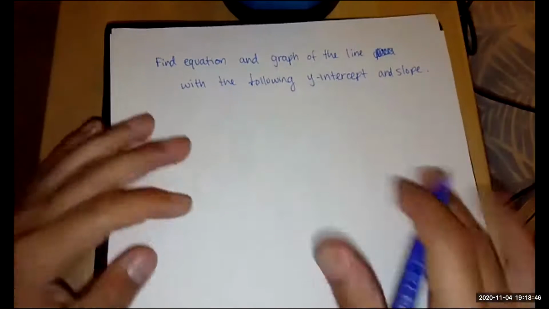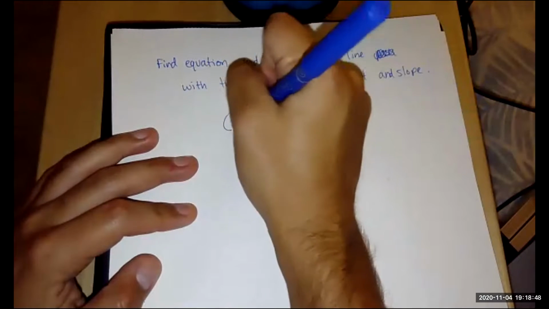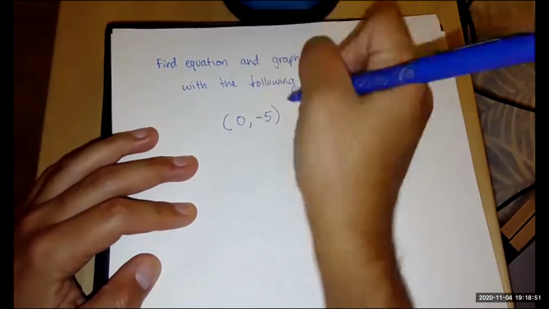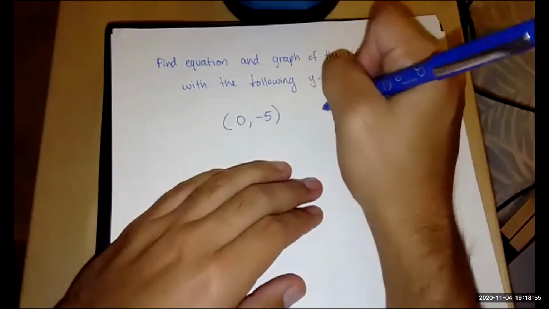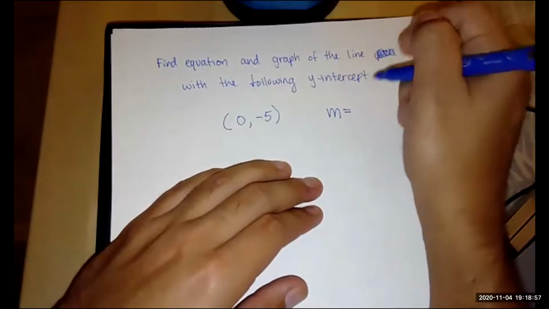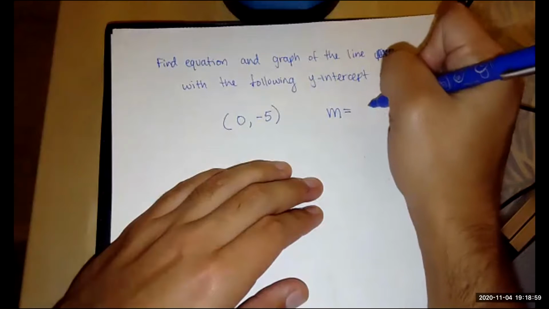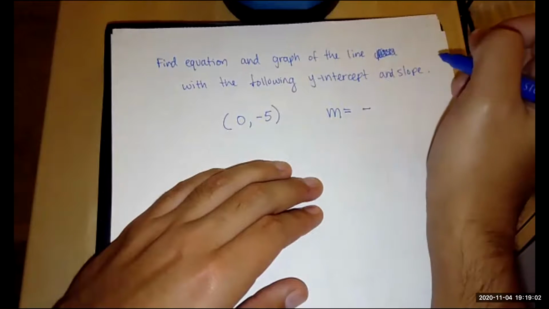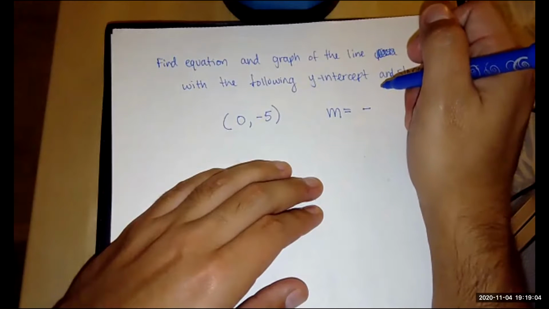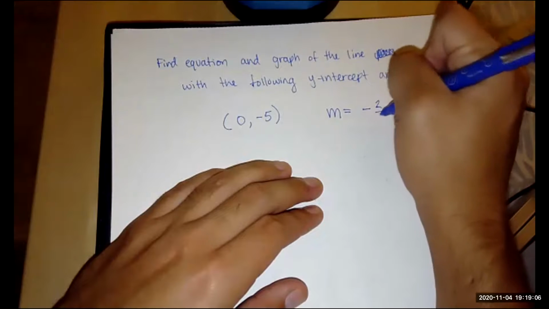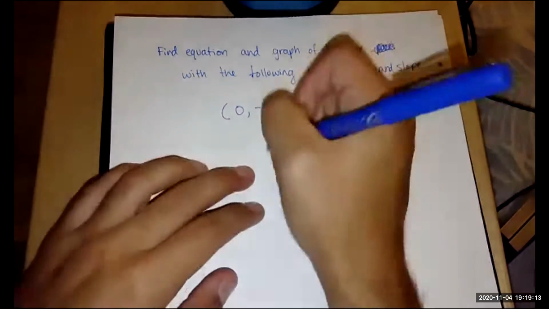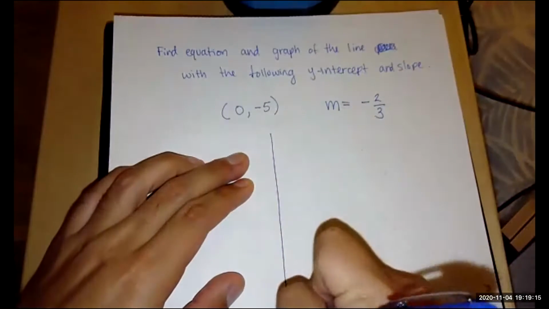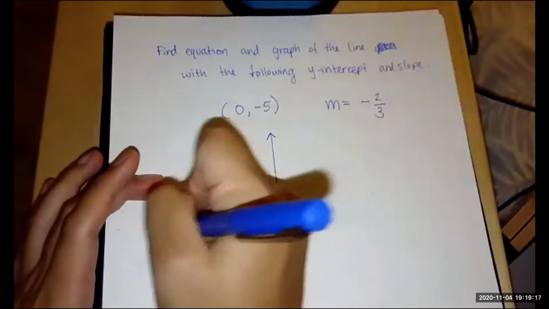So let's say that they gave you a y-intercept of 0, -5, and a slope equal to -2/3. Okay. So on Hawks, you'll be given your graph space like this.